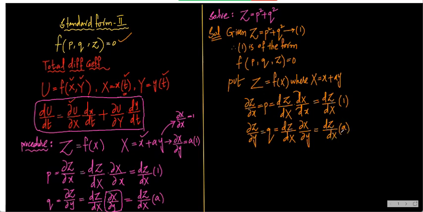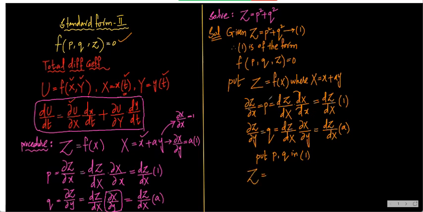After getting these values, in place of p, this value, in place of q, this value, we have to replace. So we put p comma q in equation number 1. So equation number 1 reduces to z is equal to p square.